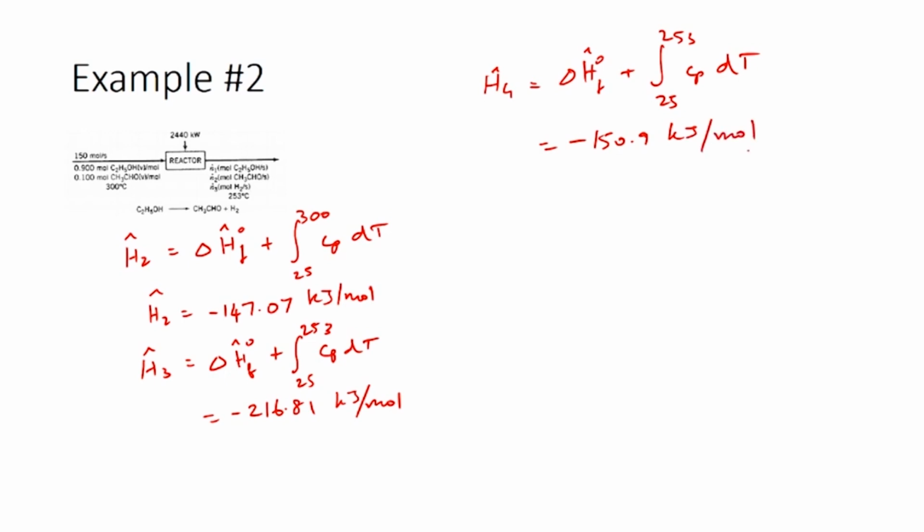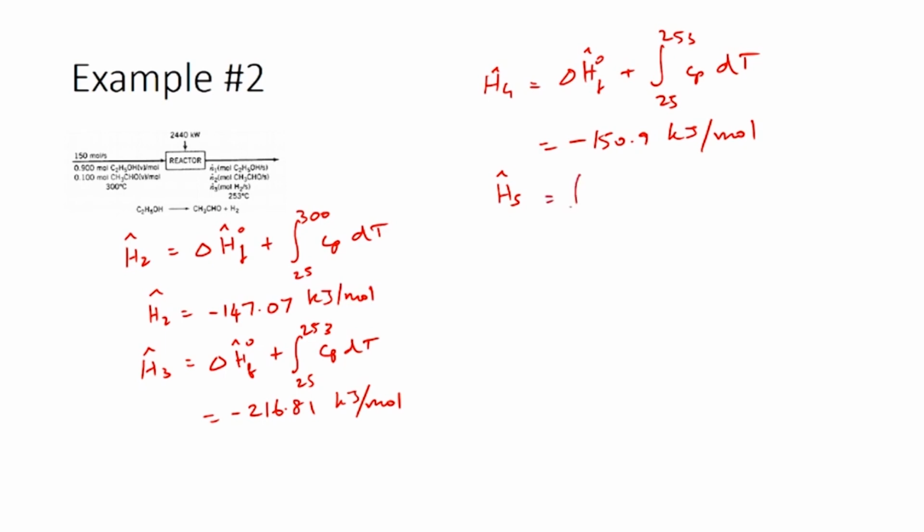The last specific enthalpy that needs to be calculated is H5 cap. So, this is for hydrogen. So, here hydrogen is an element, which means it would not have any heat of formation. So, the only process you have is heating the hydrogen gas at 25 degrees Celsius and 1 atmosphere, which is the reference state, to 253 degrees Celsius, which is the final condition.